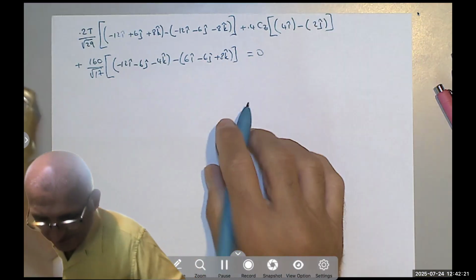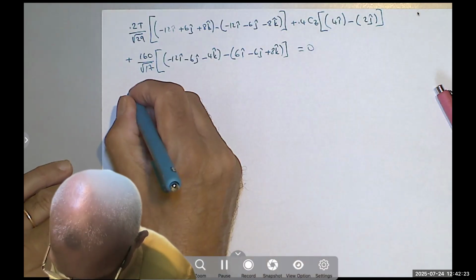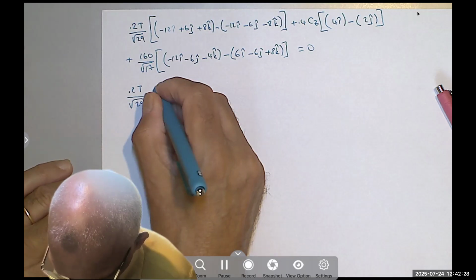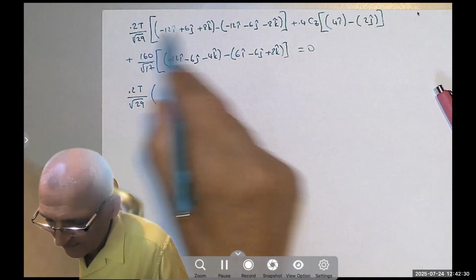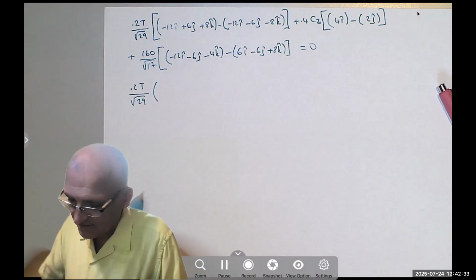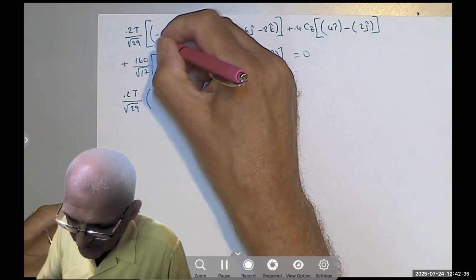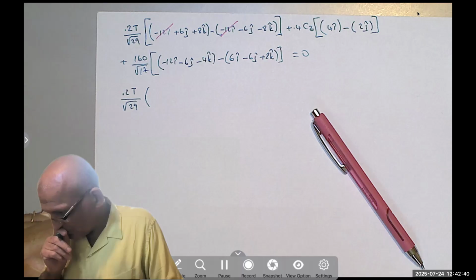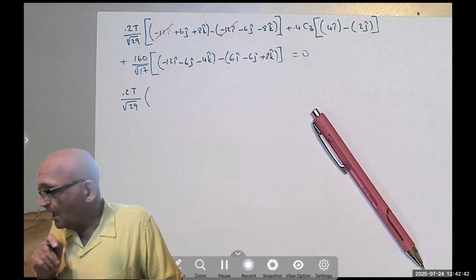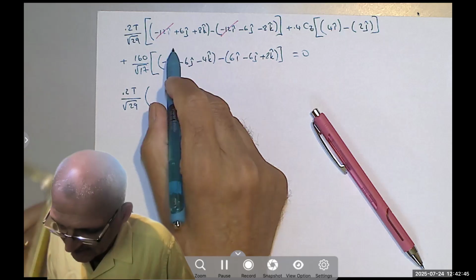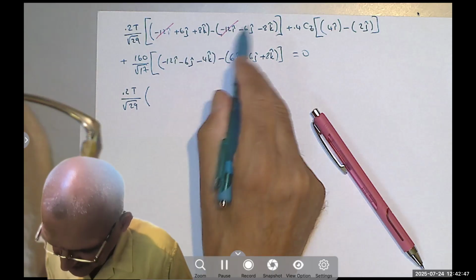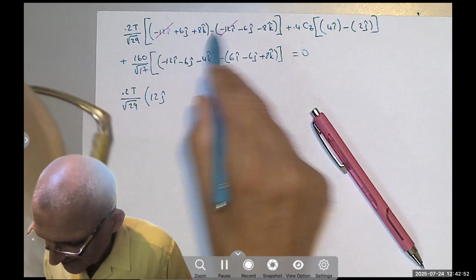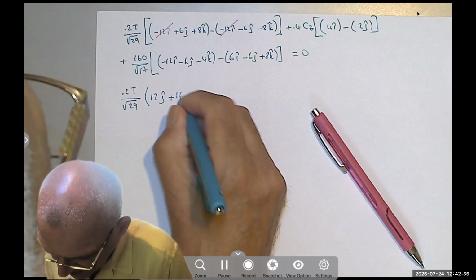Then we simplify. We get 0.2t over root 29 times -12 minus -12 cancel each other. It's -12 plus 12, so there is no i component. Okay? Alrighty. And then the j, 6 minus -6 is 12j. And then 8 minus -8 is plus 16k.